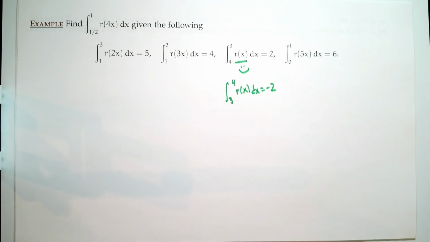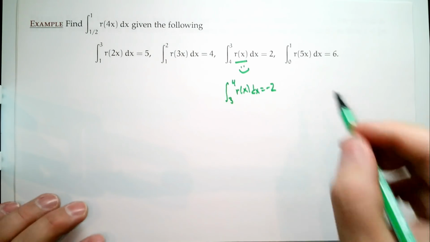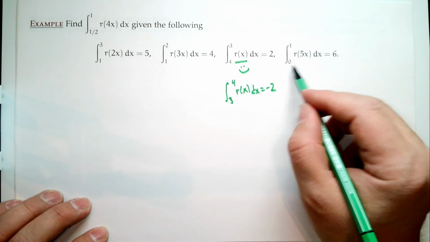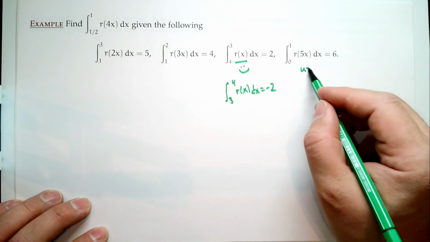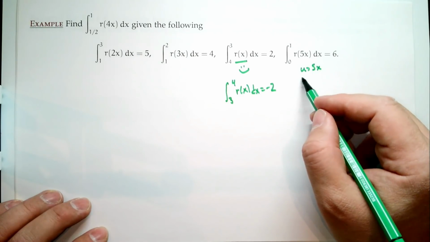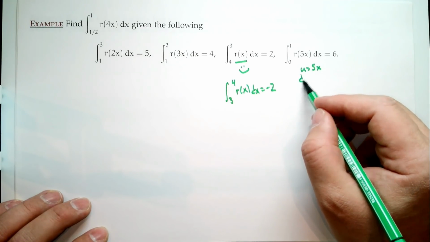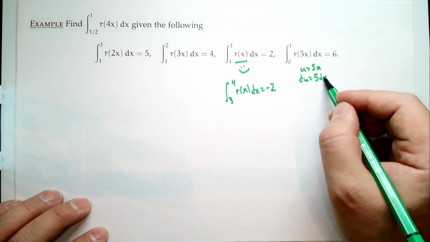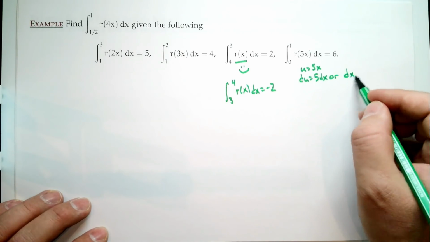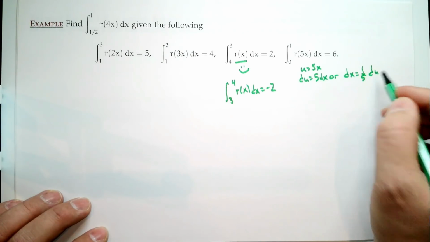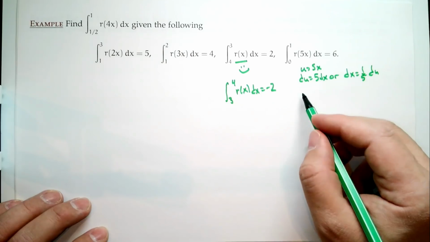All right, let's look at all of these one at a time. Here I'm going r of 5x. So I'm going to say u equals 5x. Then if I do that, we'll get du is 5 dx, or dx is 1/5 du, which means that this will become the integral.